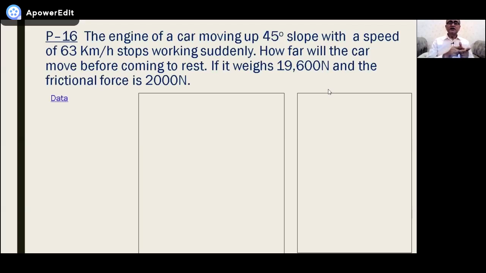M can be calculated from W is equal to mg. So we'll convert weight into mass first, substitute into A is equal to G sine theta minus F upon M, and then finally the last one, 2AS is equal to Vf square minus Vi square. Okay?